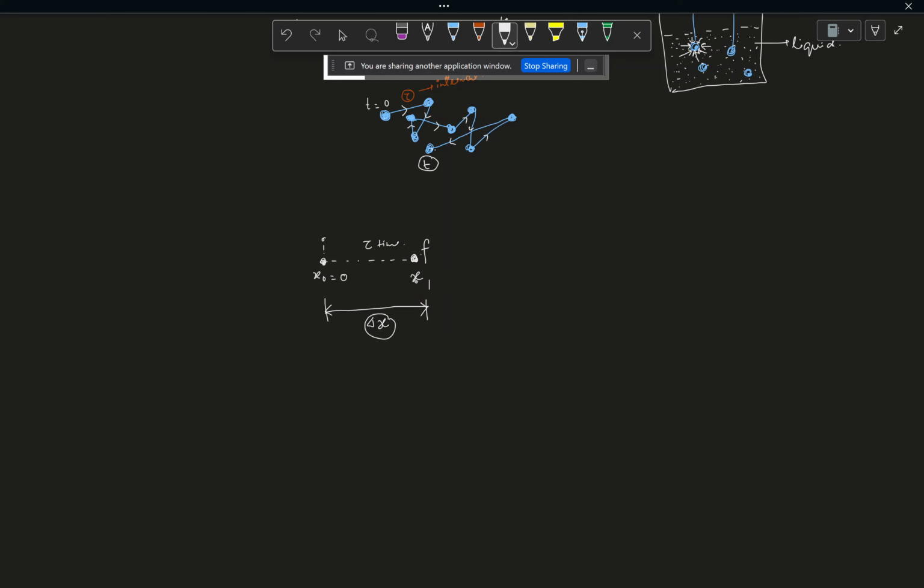Now for the first time when it has done the motion, we call it delta x1. Now let's say it has moved from here to here in the next tau interval of time. So it is the next tau interval, which means from the initial time t equal to 0 it has now passed 2 tau amount of time. So it has now reached here.